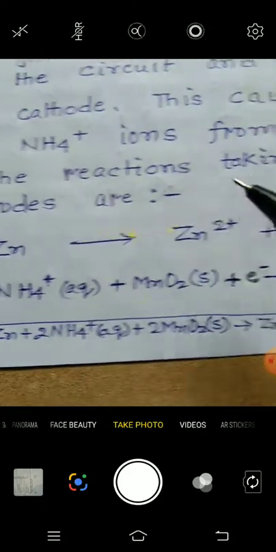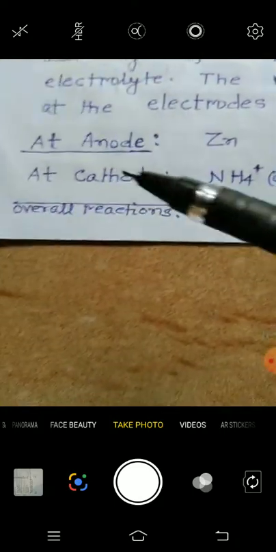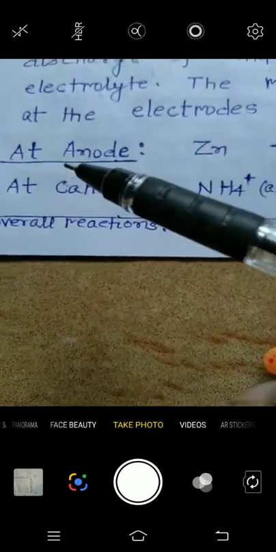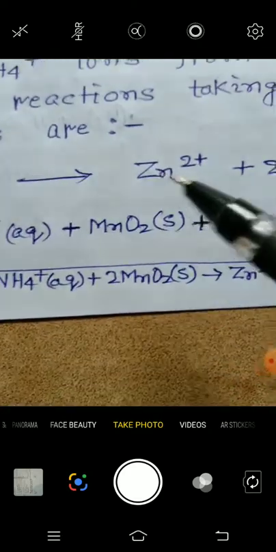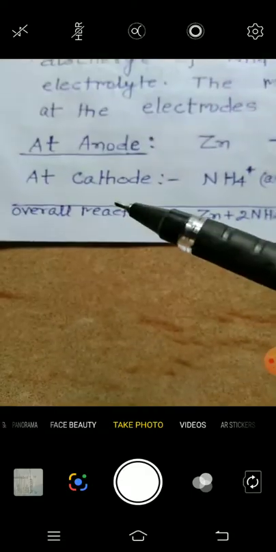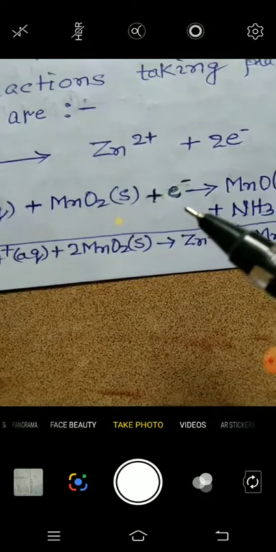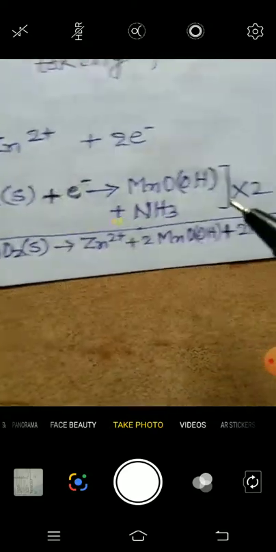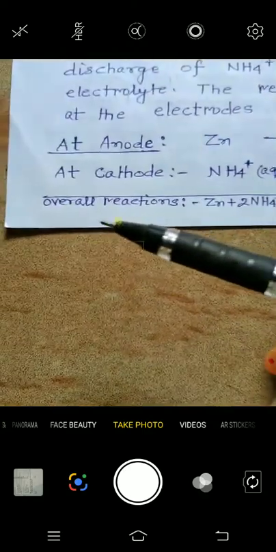The reactions taking place at the electrodes are given below. So the reaction which takes place at anode: Zn gives Zn2+ ions and it loses 2 electrons, and at cathode NH4+ ions plus MnO2 take electrons, reduction takes place here, and it comes in the form of this.